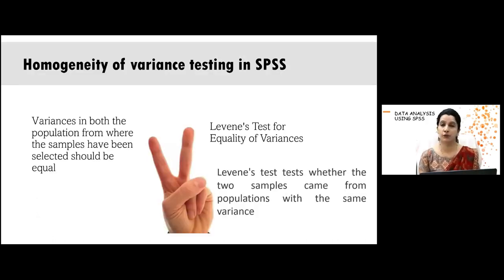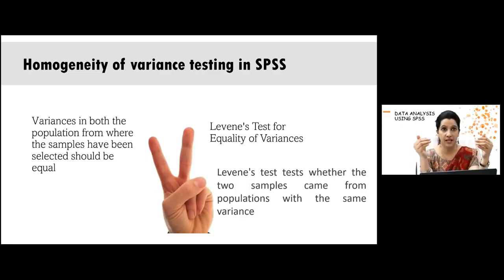Now coming to the homogeneity of variance testing in SPSS. Homogeneity of variance tests whether the variances of the two populations from which you have taken the two groups are equal or not.